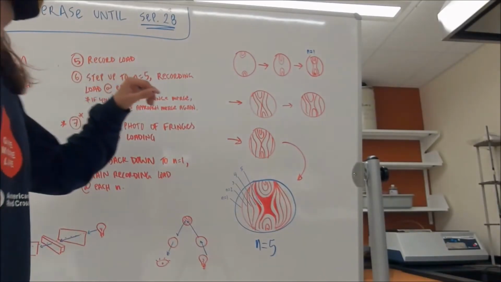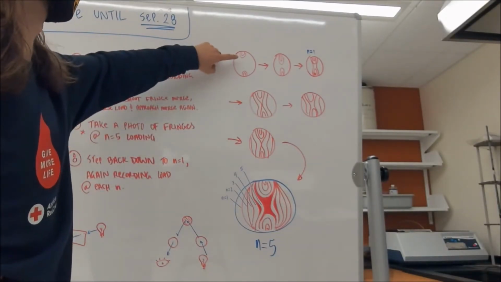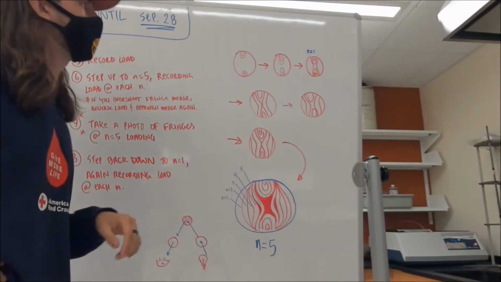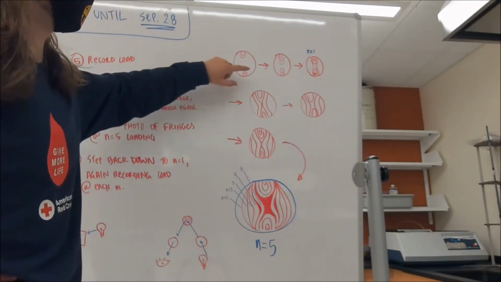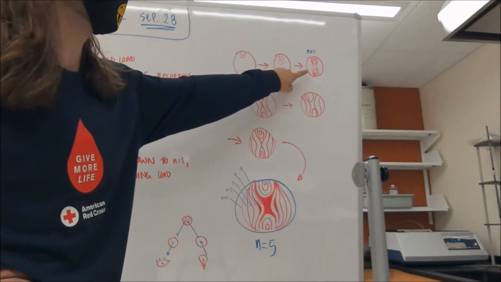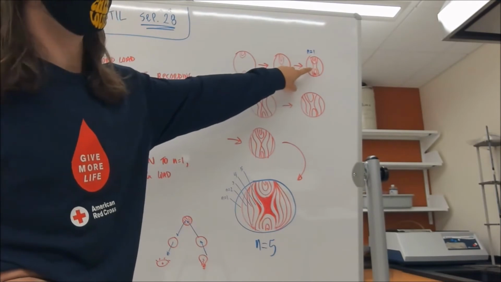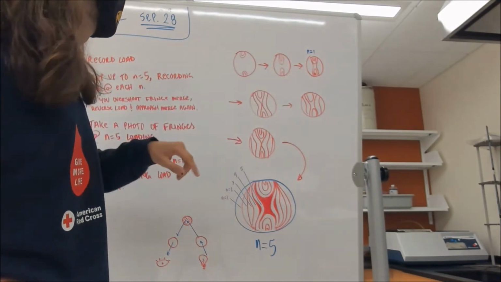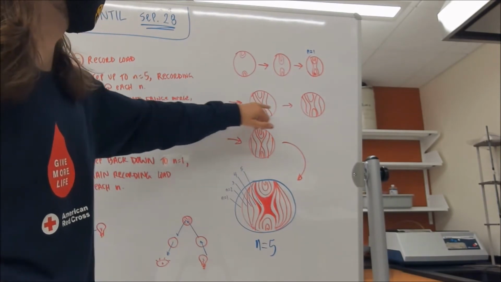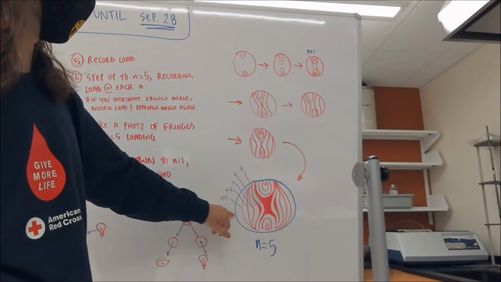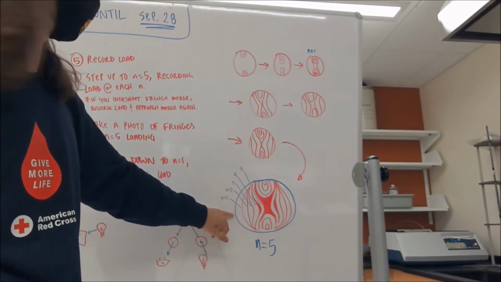So what we're going to see as we increase our load are these fringes appearing at the points of contact with the machine. And as we increase our load, those fringes are going to approach the center, and then they will merge. Once they merge, we consider that a new fringe level, and we will continue to increase the load until we get to this point where we have 5 fringes.